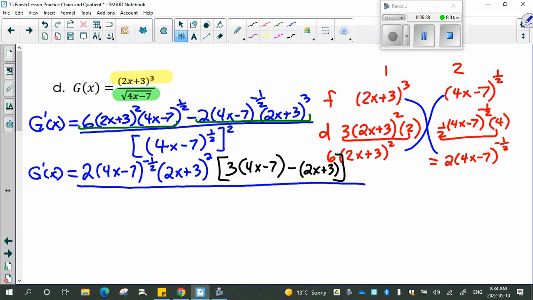So if I have a power to a power, what do you do with the exponents? Multiply them. So it's just 4x minus 7 to the 1. And then recognize the clues. Whenever there's one like this, a function over a different function, it's quotient rule first.